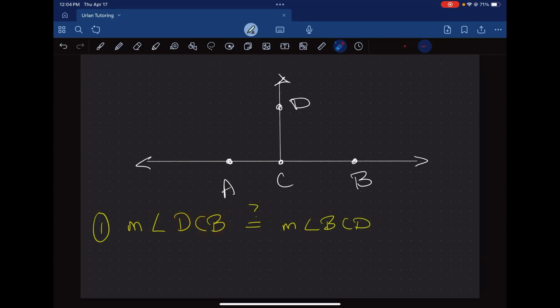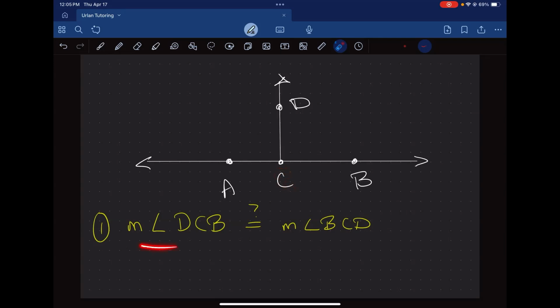DCB, and we have points on here, A, B, C, and D, according to what you were given. So starting with the first letter, we have D, C, B, where C is the vertex, the center point. This is where the angle is going to be measured. The question being asked is: is the measure of the angle DCB equal to the measure of the angle BCD?